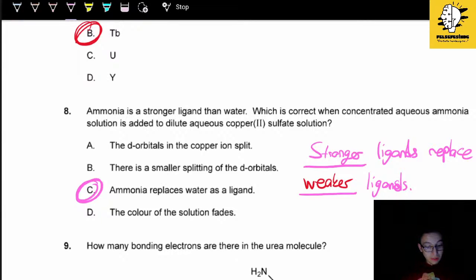So our answer will be C, and you may realize that the other choices are not even related to the topic. It says something about color, but ammonia does not make a change in the color when it replaces water. There is a small splitting of the d orbitals. No, this is also wrong. The d orbitals in the copper split, this is also wrong.